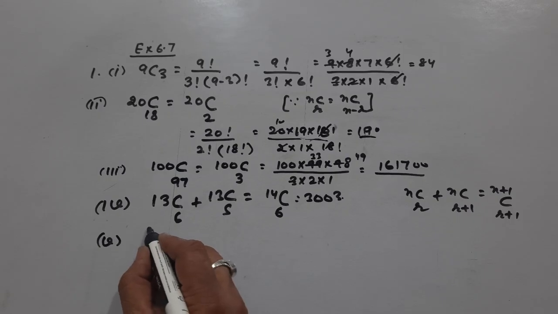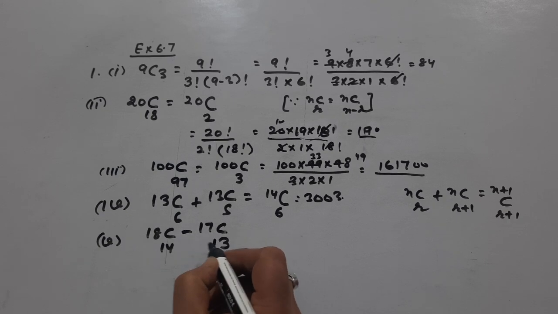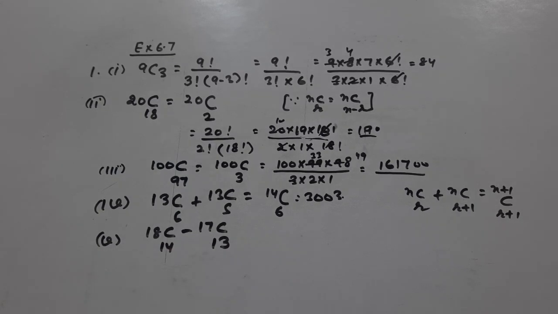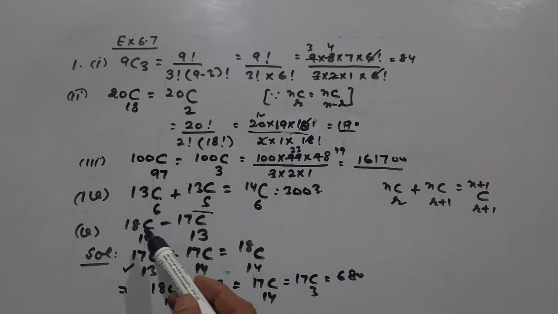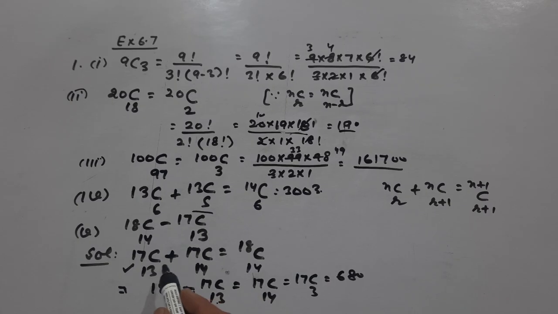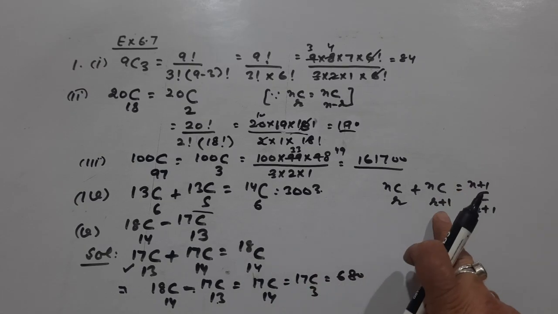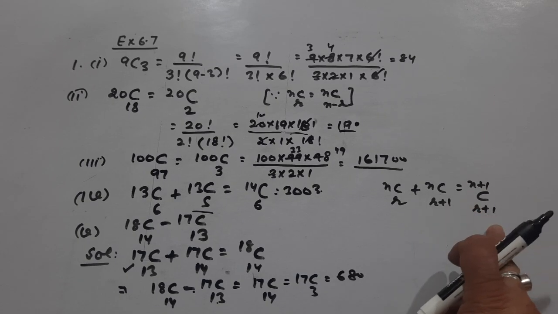Fifth part is 18C14 minus 17C13. Now students, we know the property that 17C13 plus 17C14 is equal to 18C14, by the property NCR plus NCR plus 1 equal to N plus 1 CR plus 1.